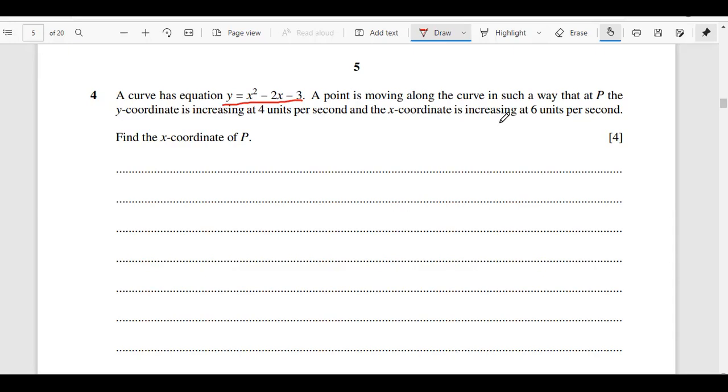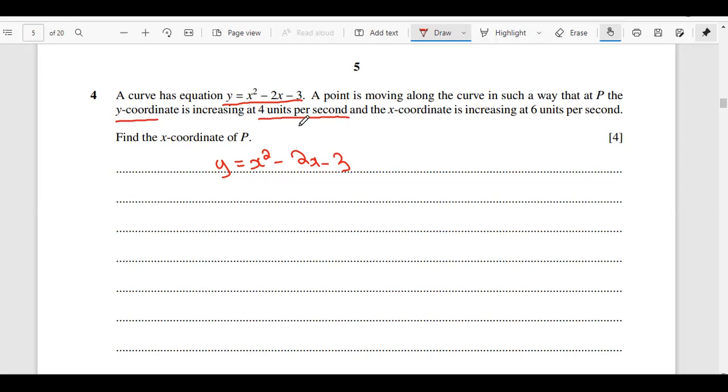Now I'll repeat, okay? The equation of the curve is y equals x squared minus 2x minus 3. Let's just write down whatever we have been told in the question. The y coordinate is increasing at 4 units per second. What do you think this is?